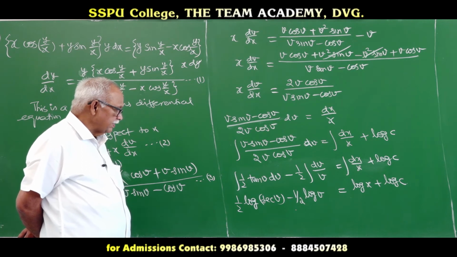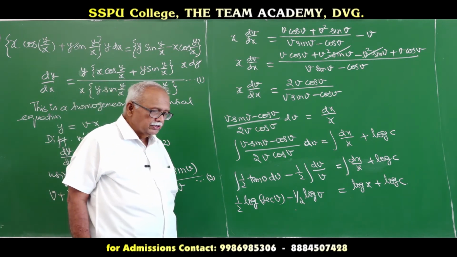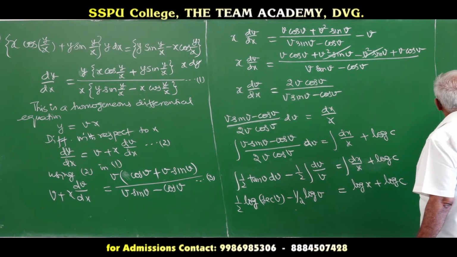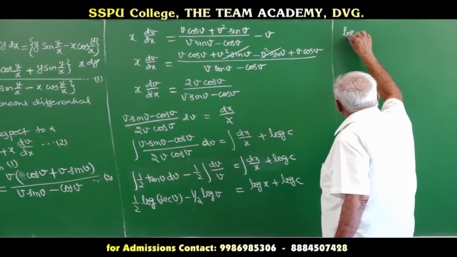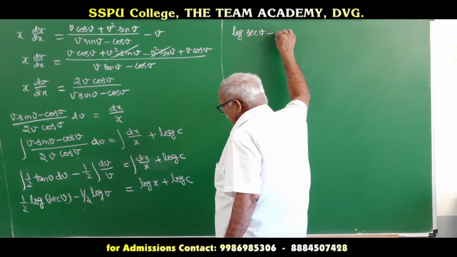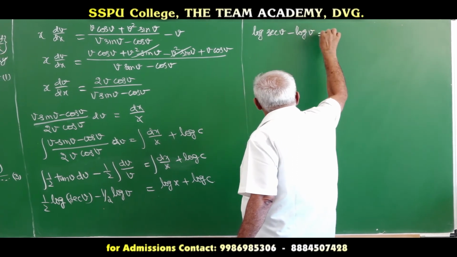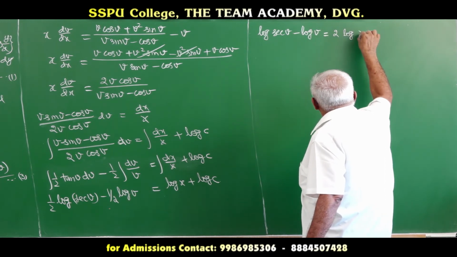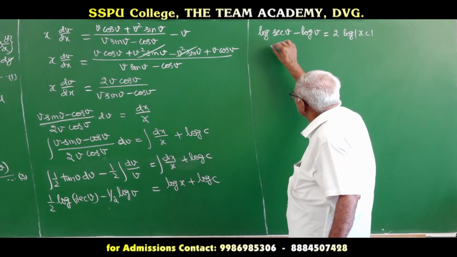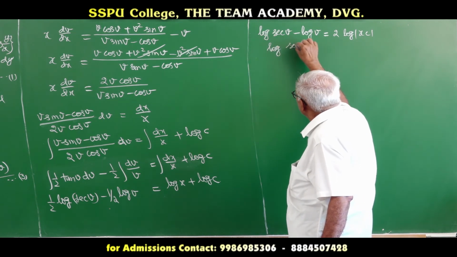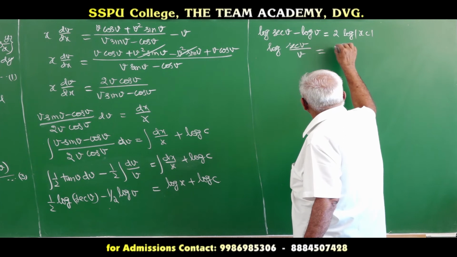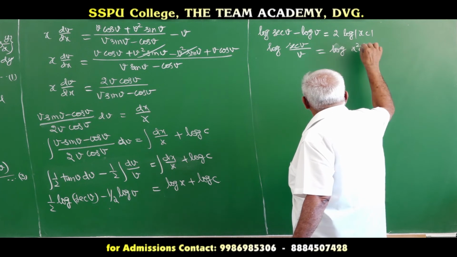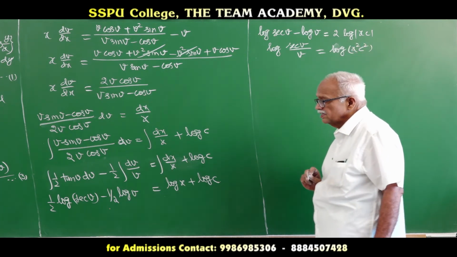Now, we can simplify this easily. You multiply this by 2, log secant v minus log v is equal to 2 into log xc, and this is log secant v by v is equal to log x square c square.